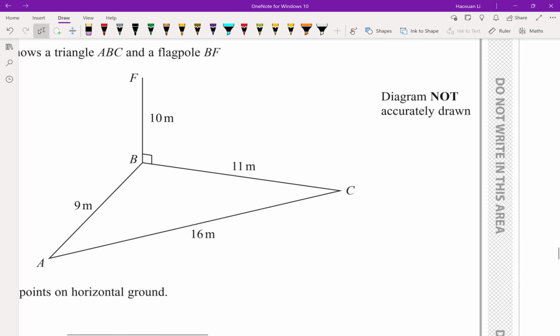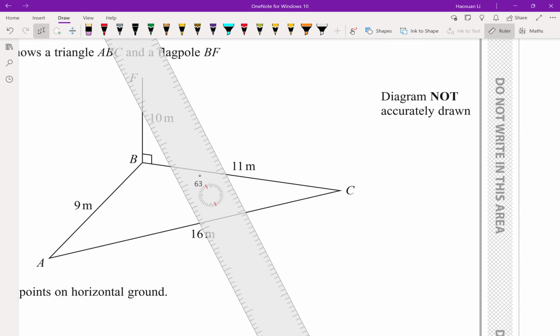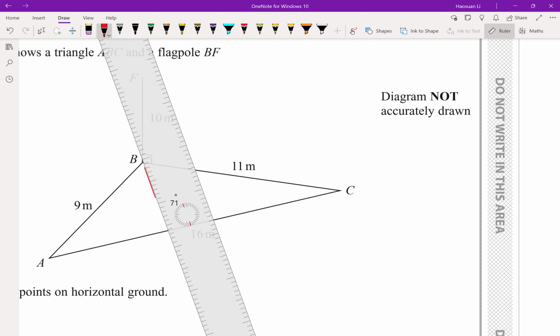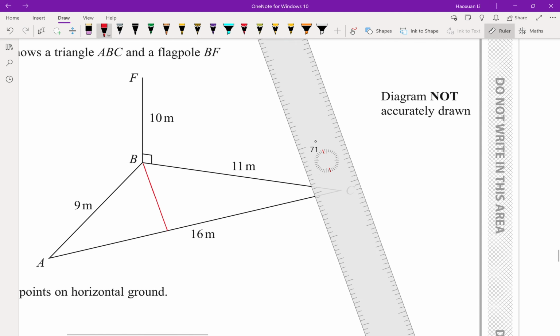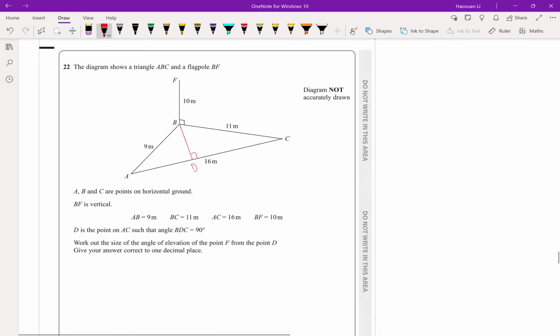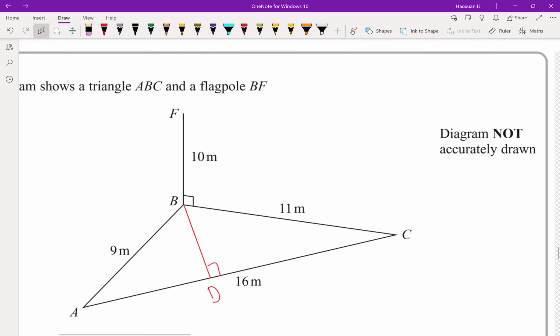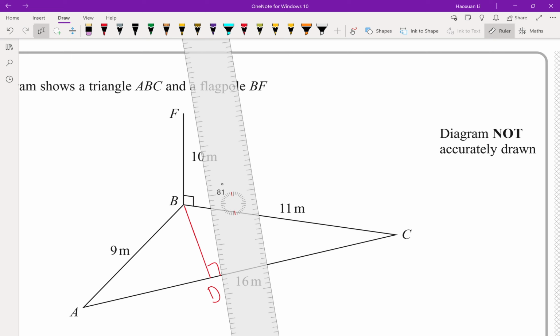So if I just label here using a ruler, I know it's probably not the most accurate, but this is D, 90 degrees. Work out the size of the angle of elevation of point F from the point D. Give your answer correct to 1 decimal place.